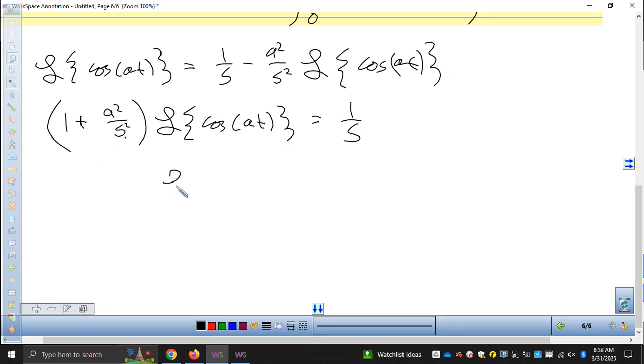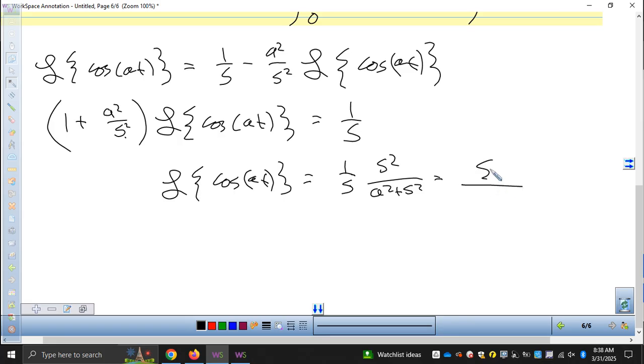So the Laplace transform of cosine of at equals 1 over s times, well, I'm dividing here, so I get s squared over s squared plus a squared.